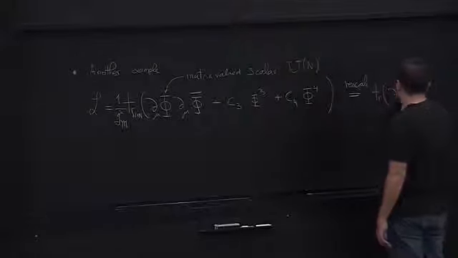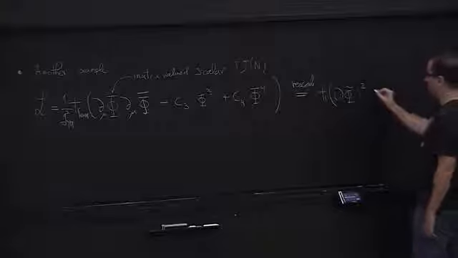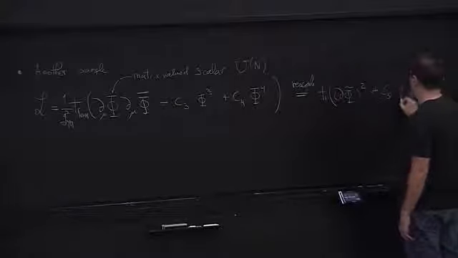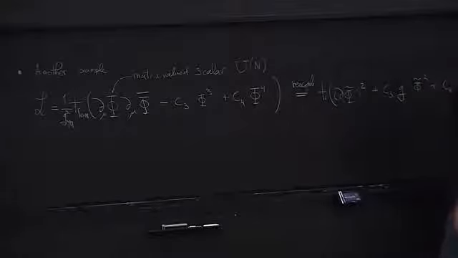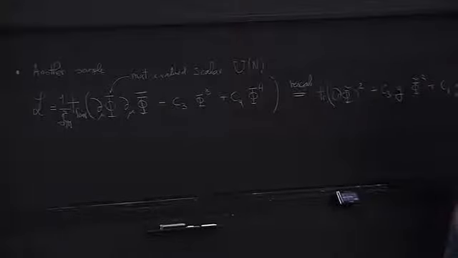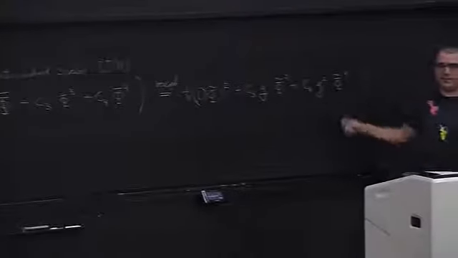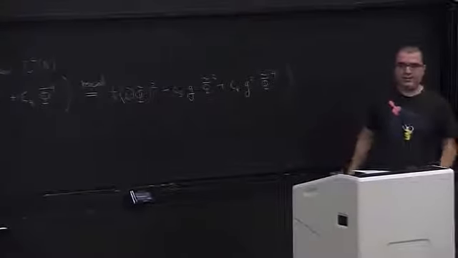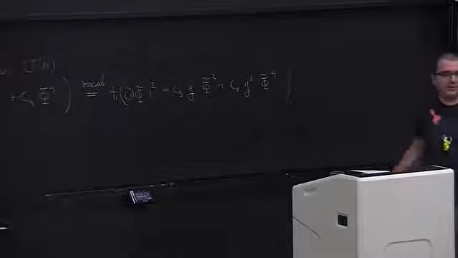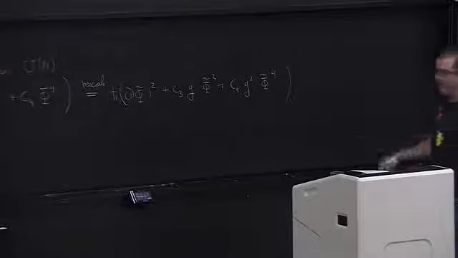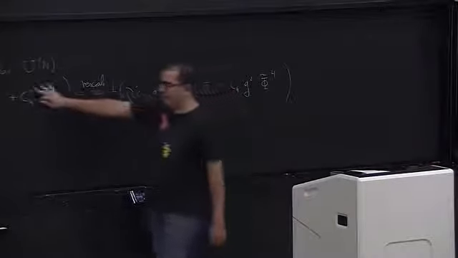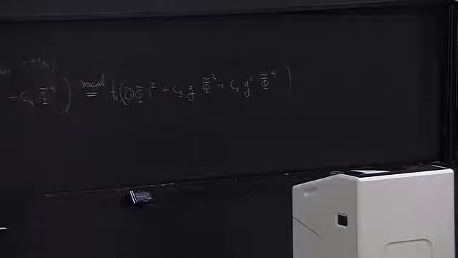So I rescale phi to be g times phi tilde, and then what do I get? C3 times g times phi tilde cubed plus C4 times g squared times phi tilde to the 4. Okay? Now this is familiar, right? So now the coupling is in the right place. But I like this one better, so I'll use this one.